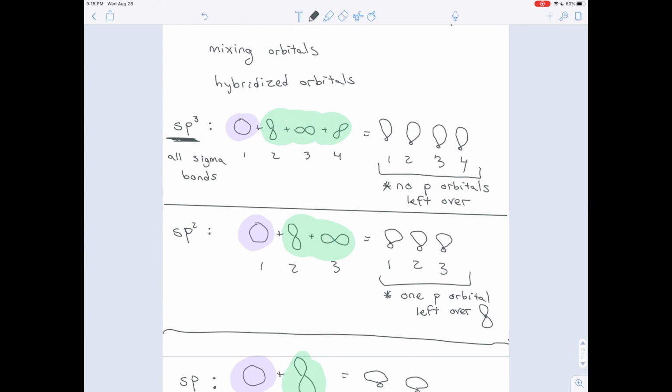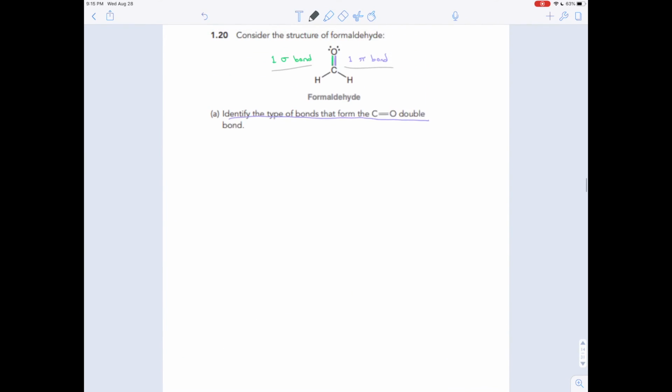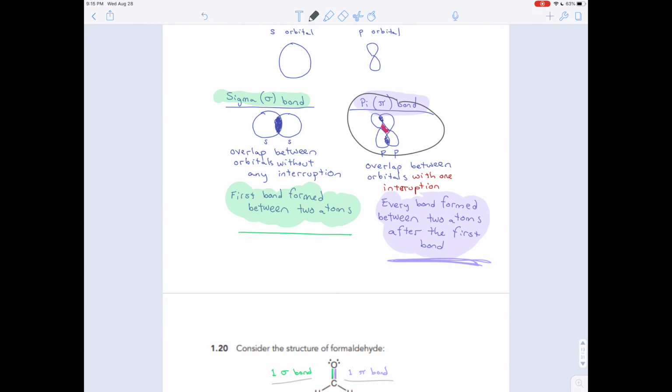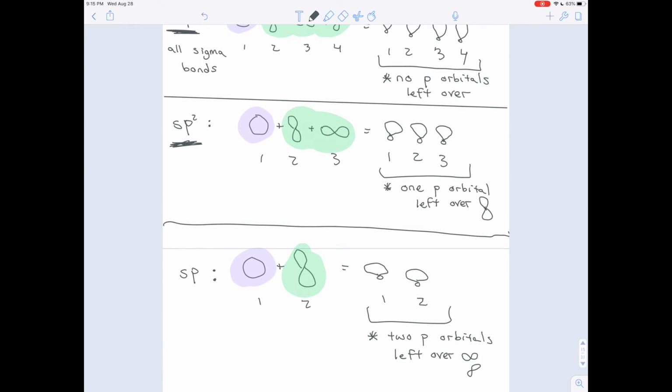Remember, those are the first bonds you ever form. You can recognize an sp2 hybridized atom because if you mix them this way, you'll have 1 p orbital left over. If 1 p orbital is left over, that means you can form 1 of these pi bonds. So you'll know you have sp2 if you have 1 pi bond.